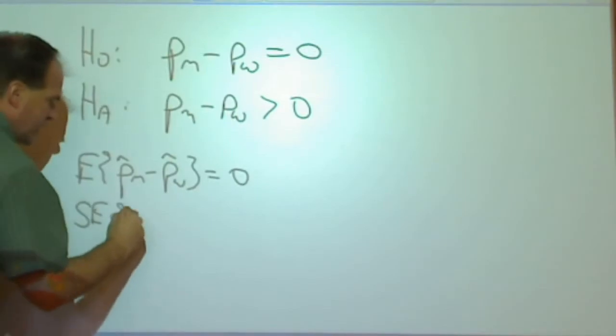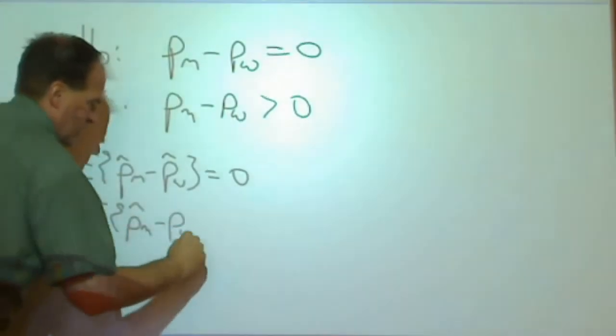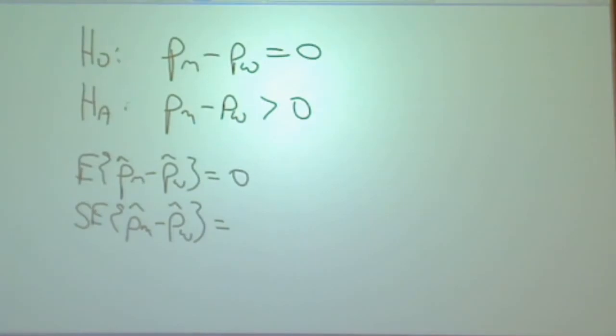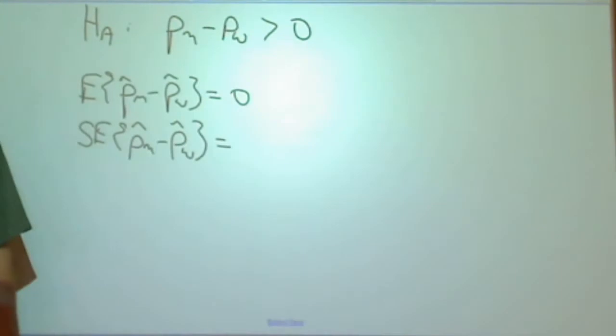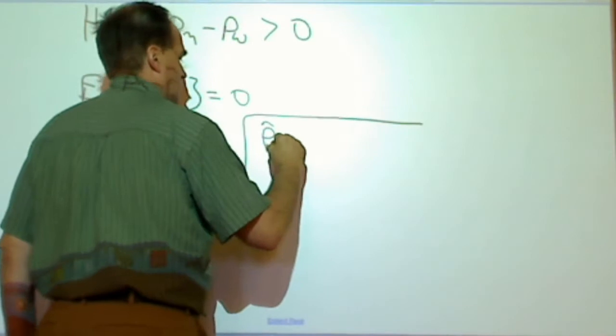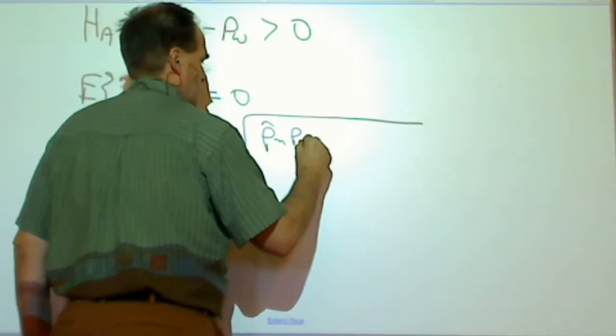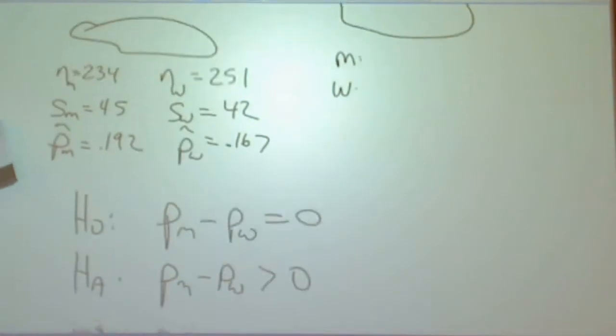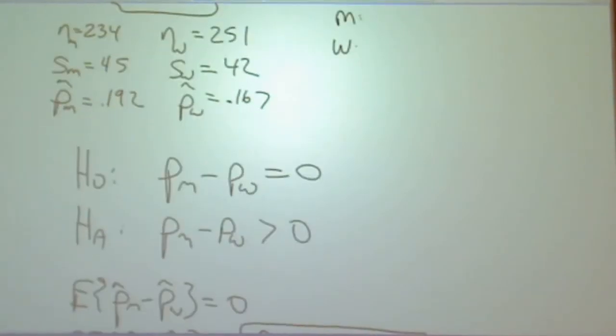We need to calculate a standard error. Okay, does everybody see on the second page the two proportion? This was the variances add thing. You got two terms. Oops. Hold on, I'm skipping something. We should pool.